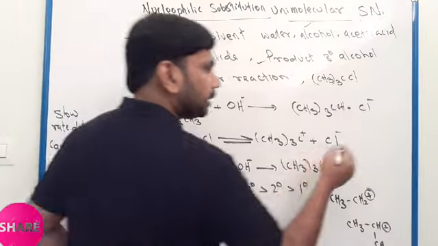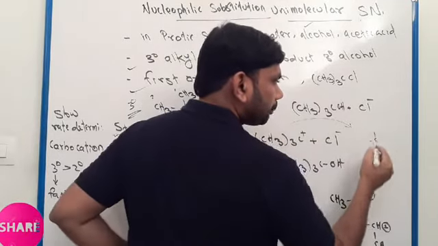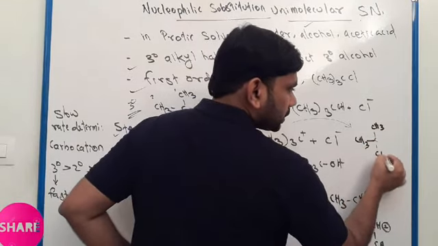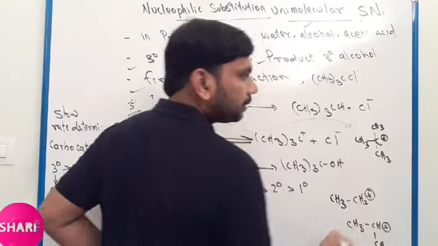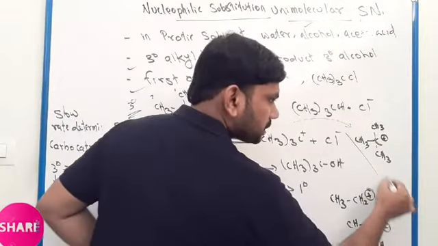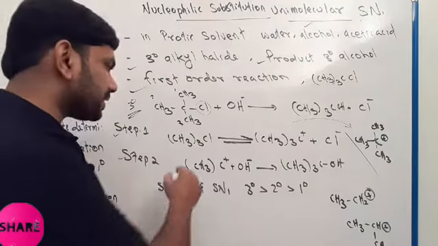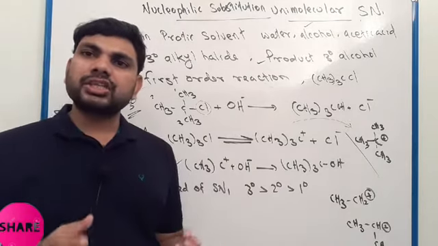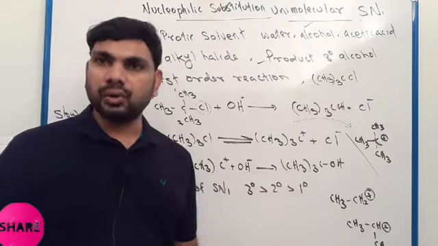You can draw it like this: one carbon atom, here CH3, here CH3, here the halogen is removed, then there is a positive charge. So a tertiary carbocation is formed. Then the second step: tertiary carbocation reacted with OH minus produced tertiary alcohol.